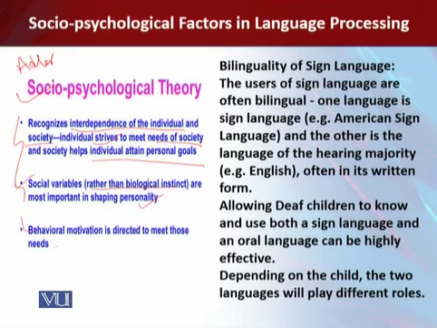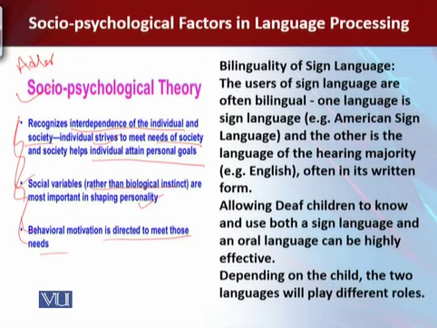Then we have behavioral motivation, which is directed to meet those needs, and this is concerned with the psychological factor, where you have feelings, thoughts, beliefs, and motivation, which are involved when you are dealing with society or when you are developing or processing a language. So you have the socio-psychological theory, which is based on these social and psychological factors.